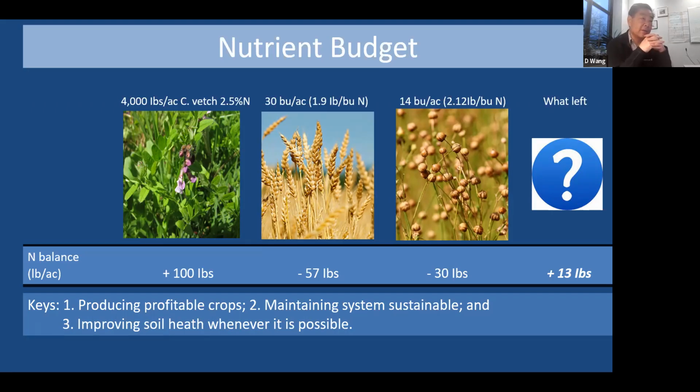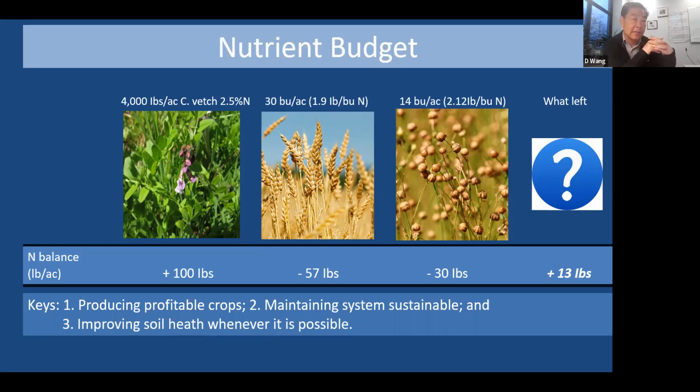If you got a 30 bushels per acre yield with 1.9 pounds per bushel nitrogen required, you basically take out 57 pounds of nitrogen from the soil. Now you have 43 pounds left in your soil.